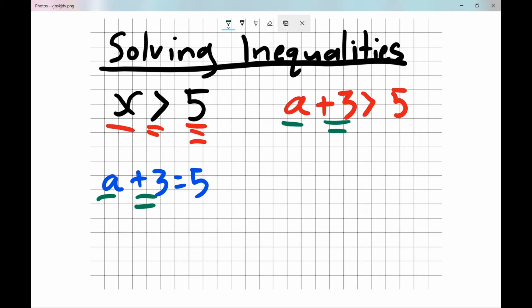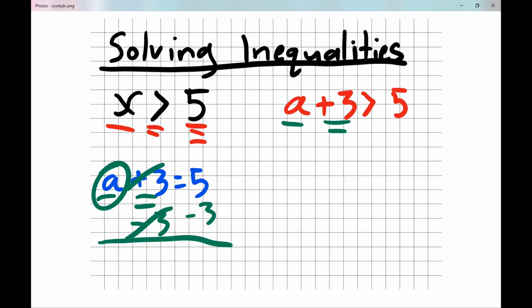If you recall, when we are working with equations, if you want to get rid of a plus 3, you neutralize it or cancel it out with the inverse, or the opposite, which is minus 3. And if you do that, this is going to cancel out and your variable is now alone. You have isolated the variable, or you have solved for it, resulting in a is equal to 2.